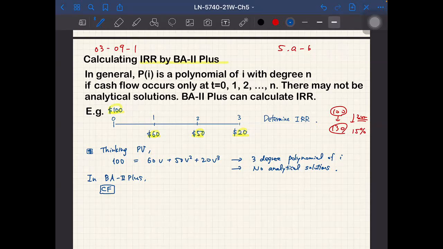And we want to clear the memory. So the second, then clear work. Clear work is the bottom key, the leftmost key at the bottom. So these keys clear the memory for the cash flow function.